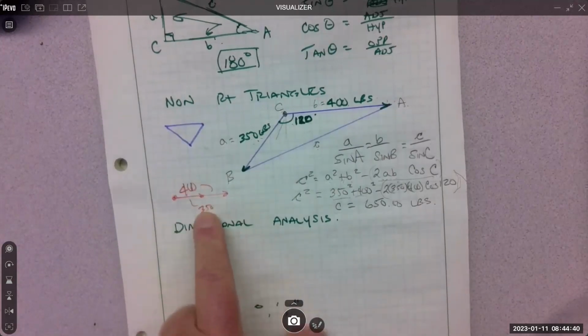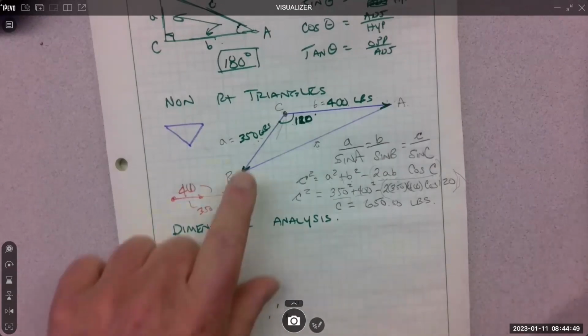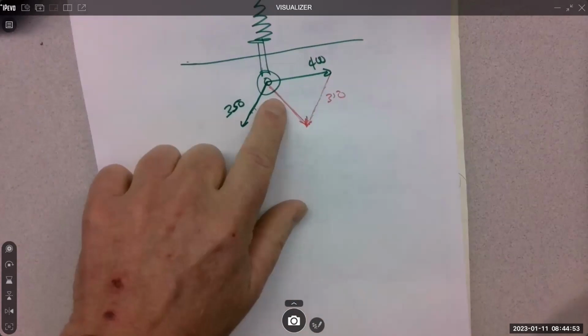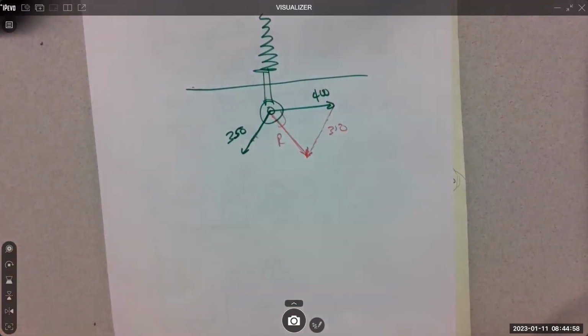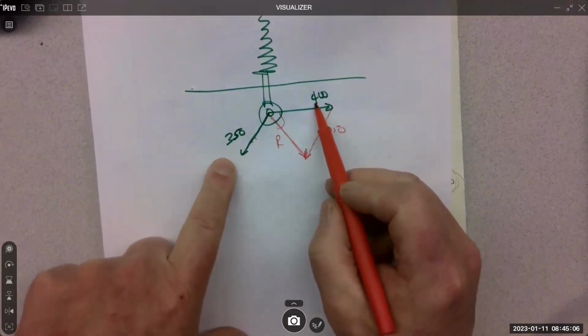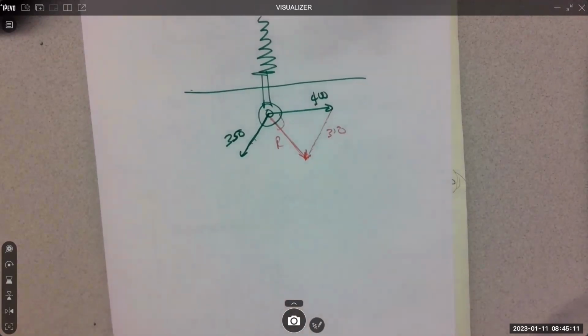This would be 750, all in the same direction. No. We have to use trig to do it. Only time you'd split the difference is if the two forces are equal. 400, 400. So if they're exactly equal, then it just splits.